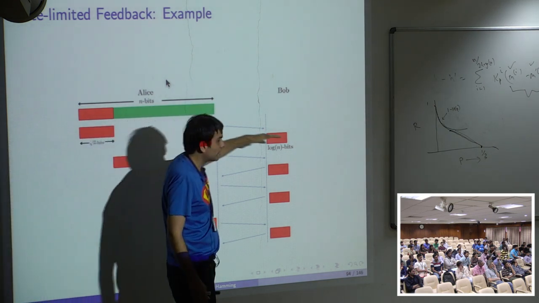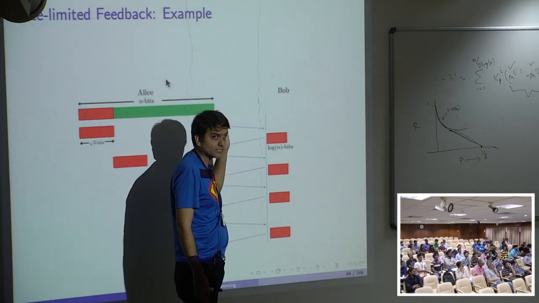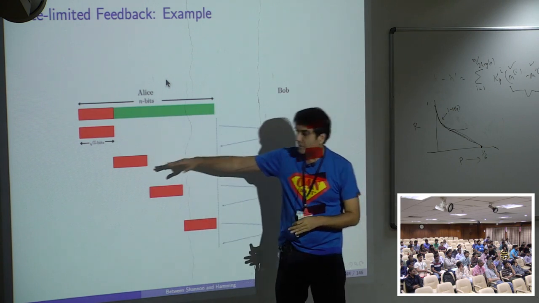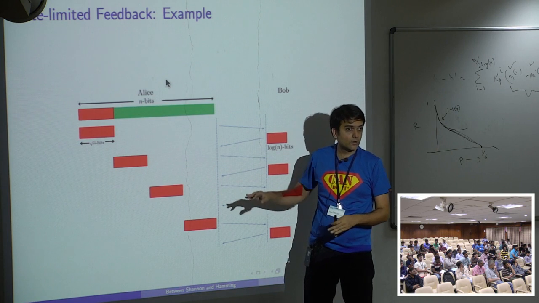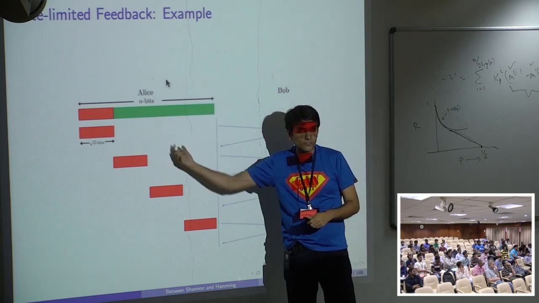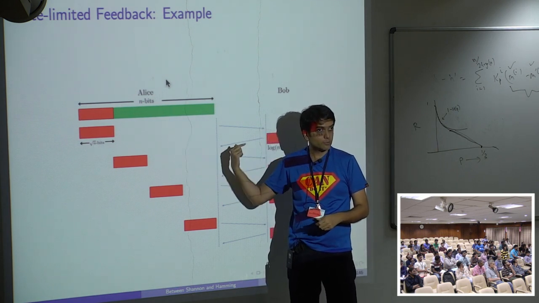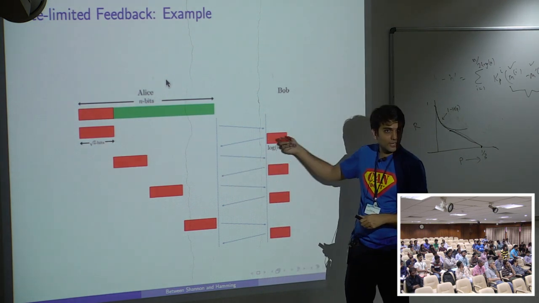Bob is allowed to respond with, let's say, log n bits. Log n is much smaller than square root of n. Then Alice transmits square root of n more bits. Bob can respond with log n bits, and so on. So there'll be square root of n rounds. Overall, there'll be n forward bits, but there'll only be square root of n log n reverse bits.